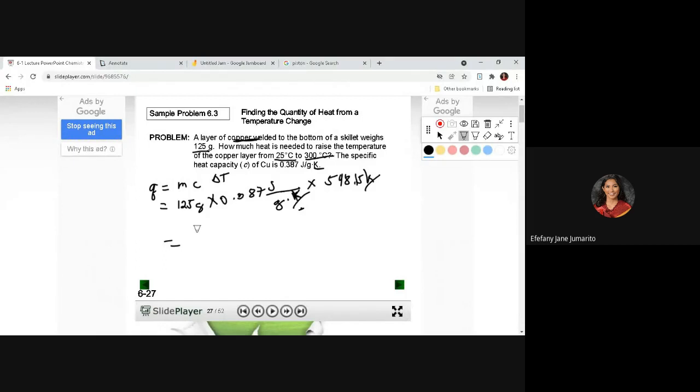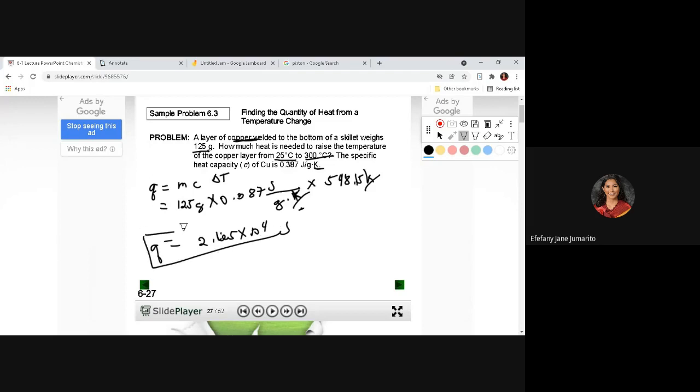So the amount of heat needed is 125 times 0.387 times 548.15, which is 26,516.76, or 2.65 times 10 to the 4 joules.